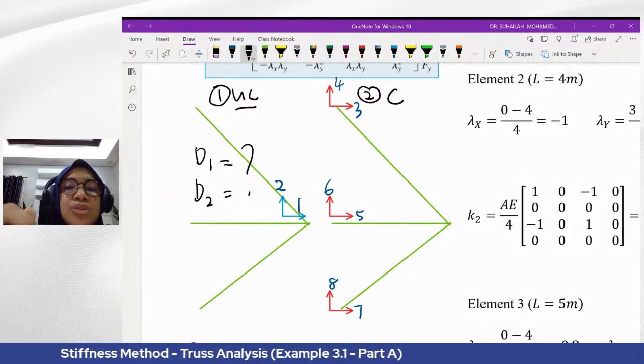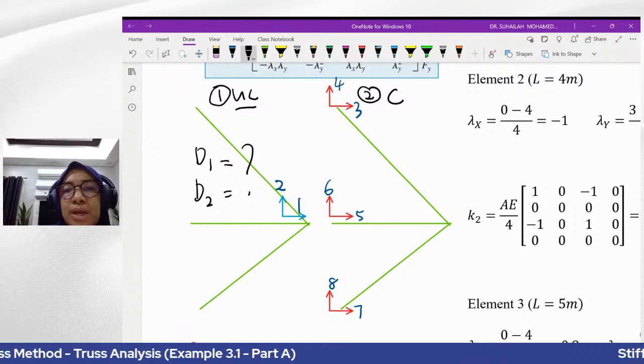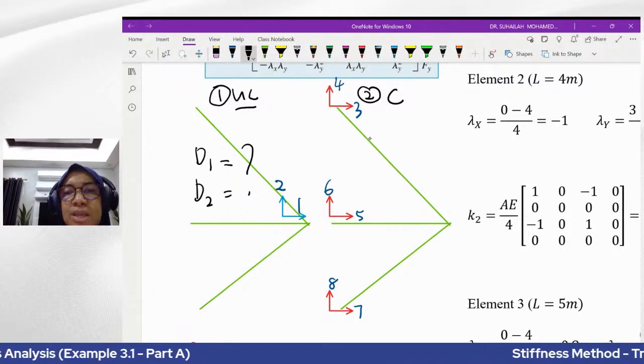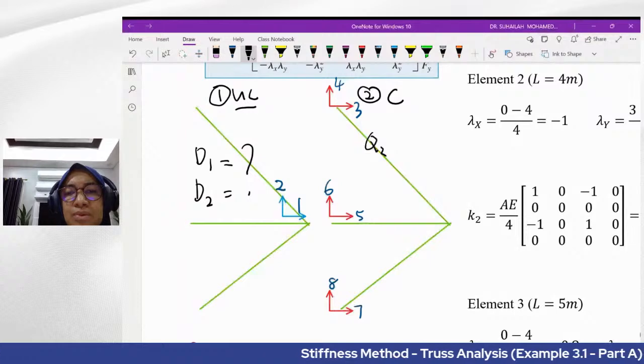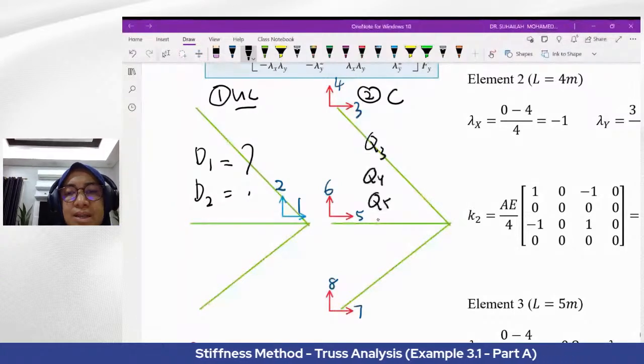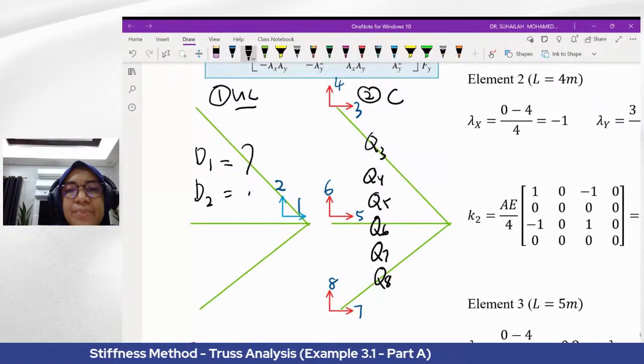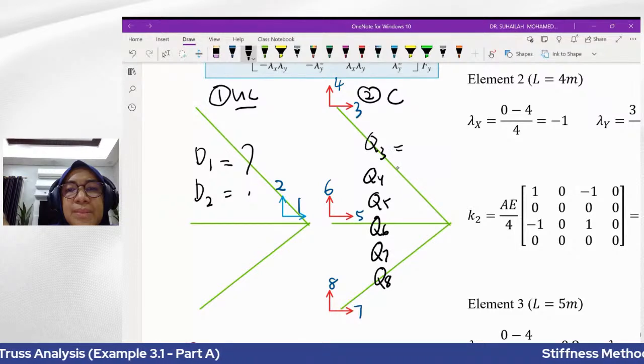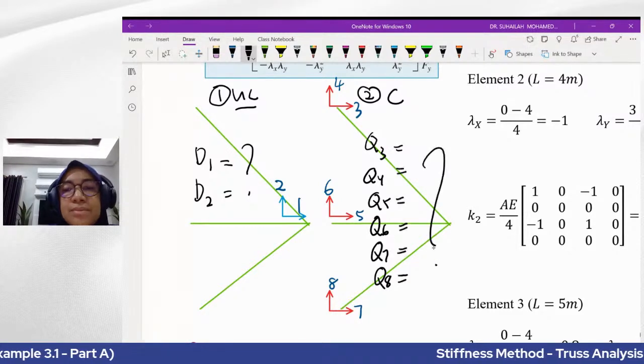And 3 to 8, Q3, Q4, Q5, Q6, Q7, Q8, are also unknown, because there are 6 unknown reactions.